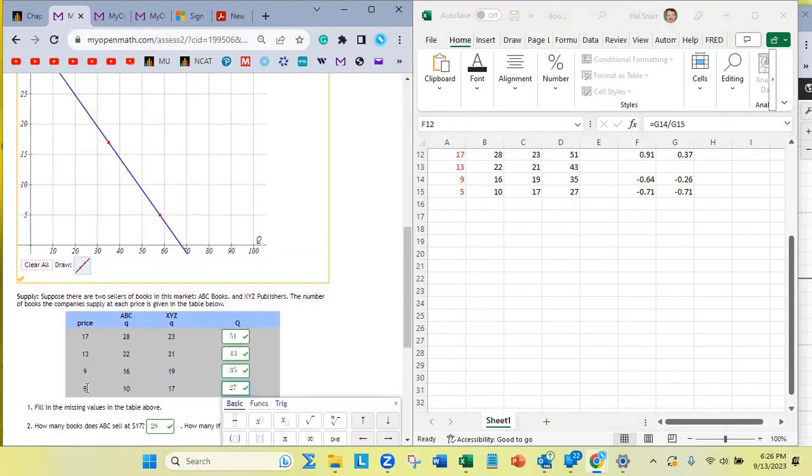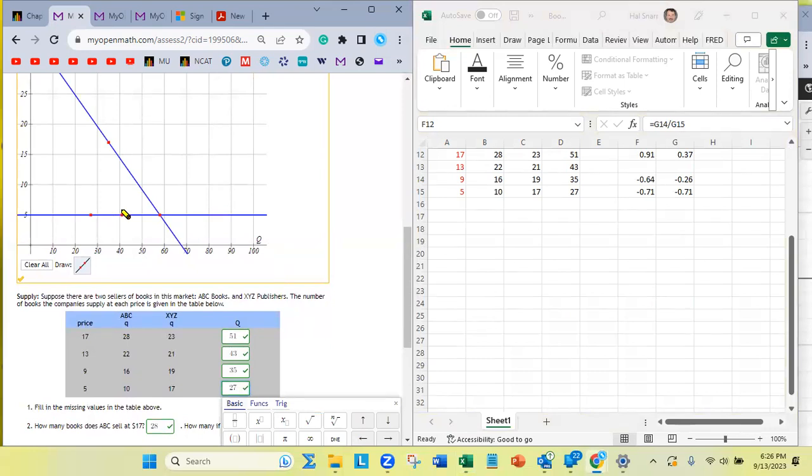At a price of 5, the quantity supplied is 27. So here's the price of 5, quantity 10, 20, 30. 27 is closer to 30 than it is to 20, so let's just guess right here for a second.